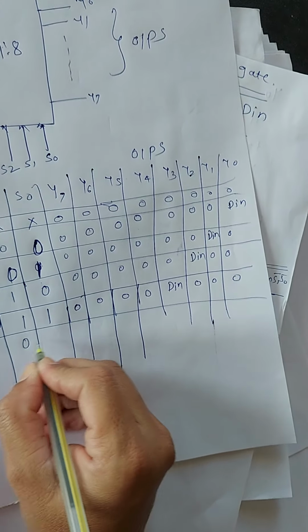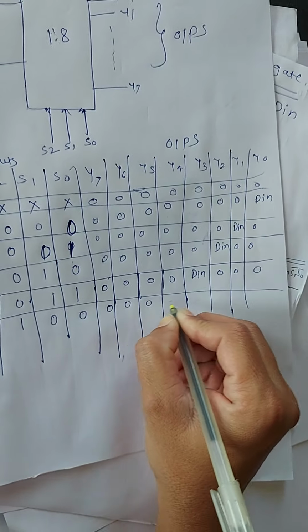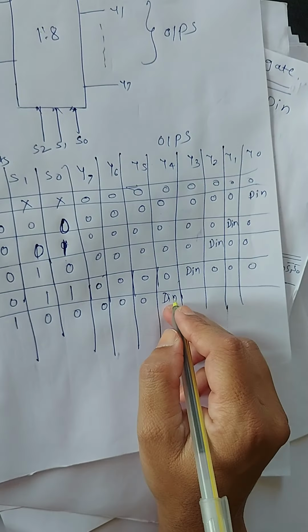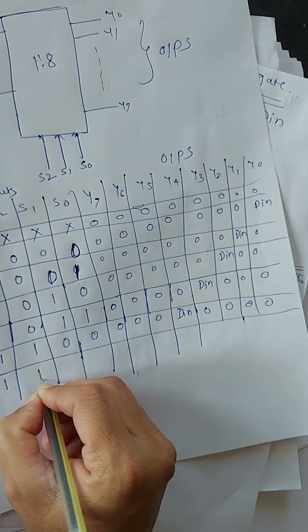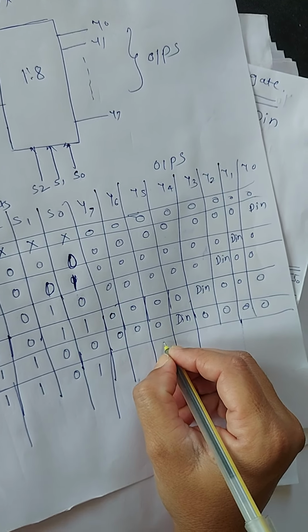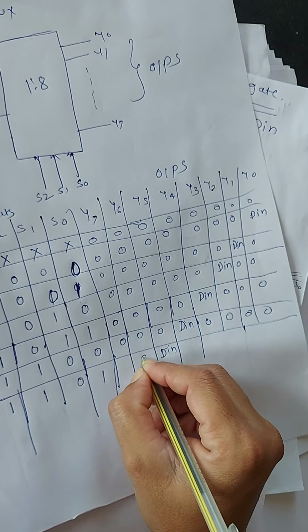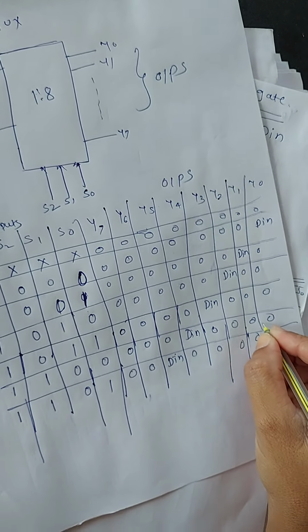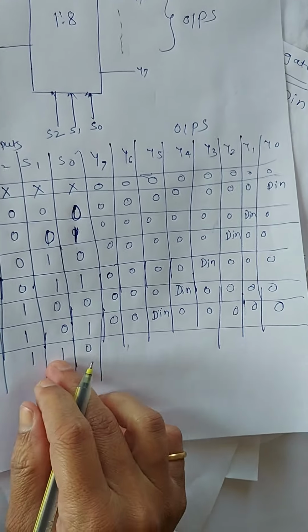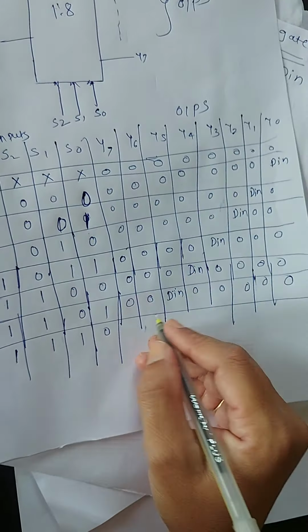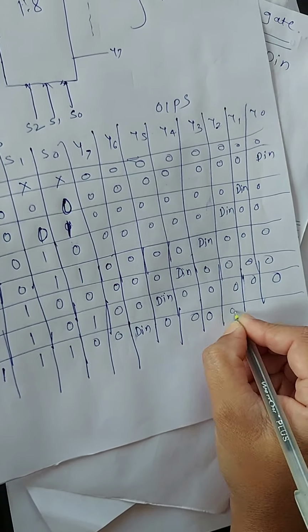Then 1, 0, 0 means 4, so output Y4 is selected, and D in is distributed to Y4. Next, 1, 0, 1 means 5, so Y5 is selected and D in is distributed to Y5. Next, 1, 1, 0 means 6, so Y6 is selected, D in is distributed to Y6, and the others are 0.